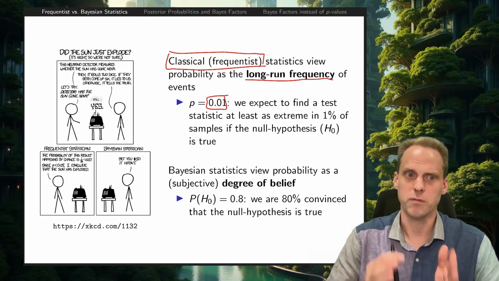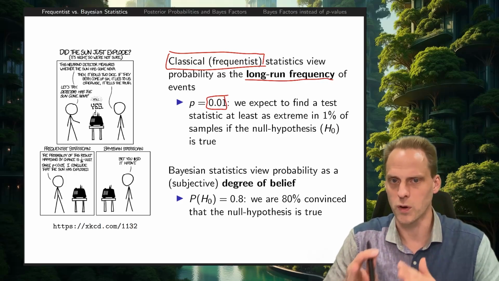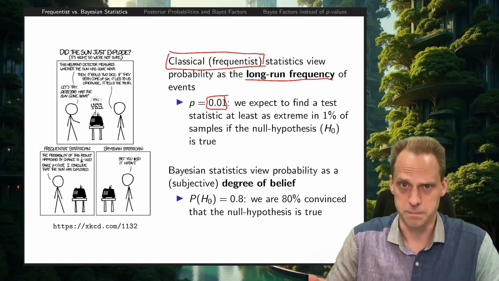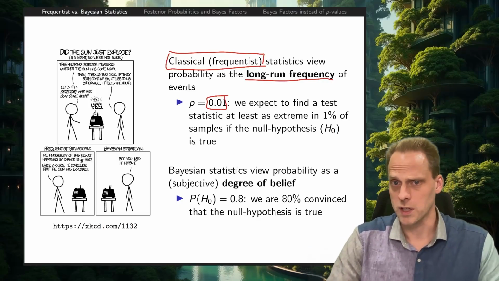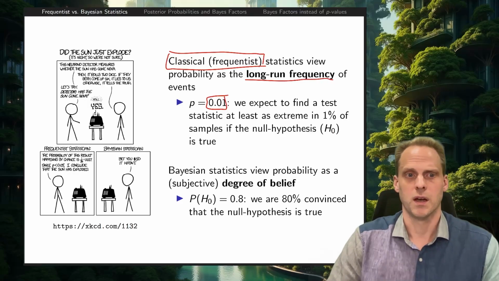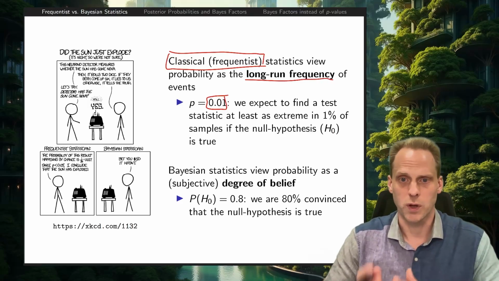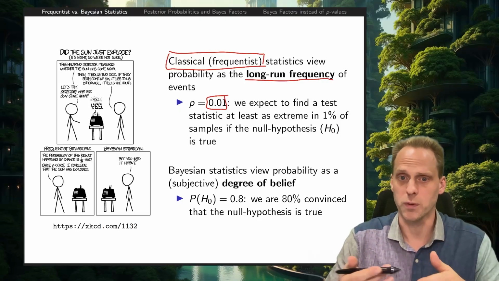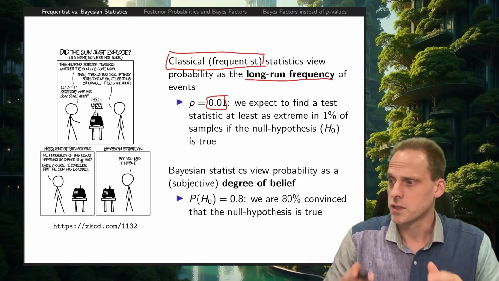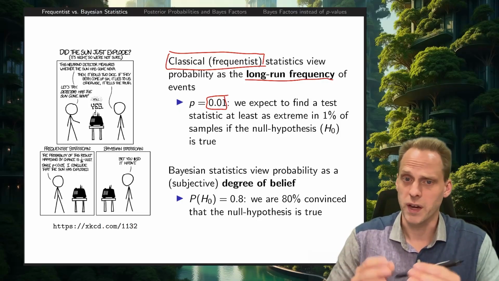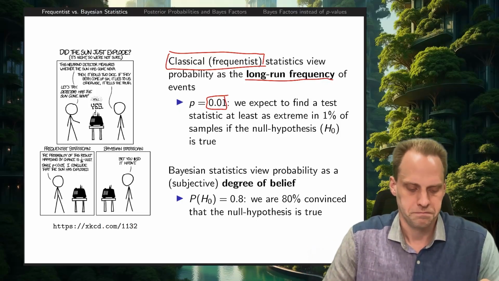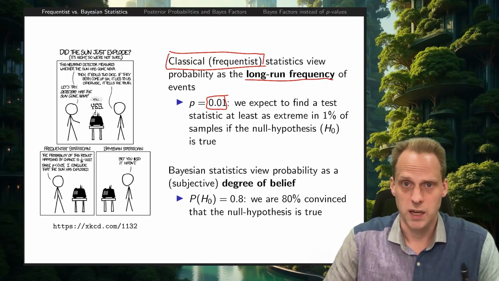If you would keep repeating something over and over again, we would find something a certain proportion of the time. Now, importantly, in frequentist statistics, we assume that there is one real reality, and we can draw new samples from that reality. Let's say, for example, we're interested in an effect, a relationship, a correlation between, let's say, happiness and loneliness.